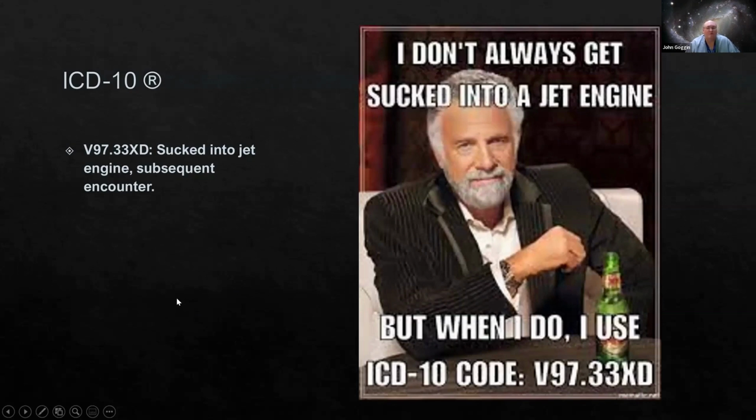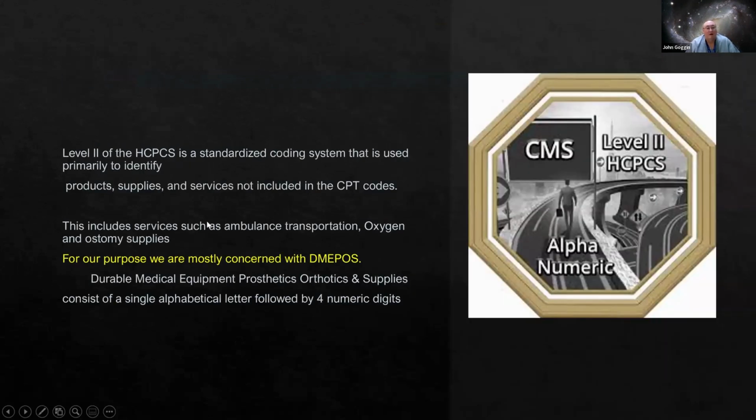And I'll throw some of these more humorous codes in through here to kind of break up the lecture a little. So the last thing that we're going to touch on are the level 2 codes, or HCPCS level 2 codes. And this is basically the catch-all for everything that doesn't fall into the procedure or diagnosis codes.